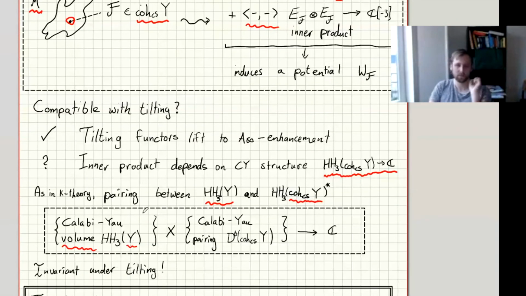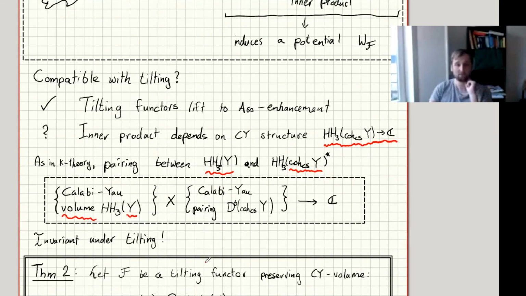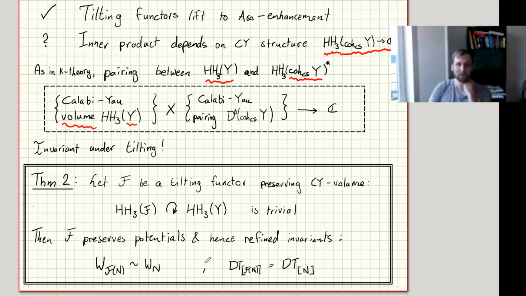Right, and so that all works out because this pairing between the Hochschild homologies is invariant when you apply the tilt on both categories. And so we find the following theorem. If we have some sort of tilting functor f, then this has a functorial action on the Hochschild homology.